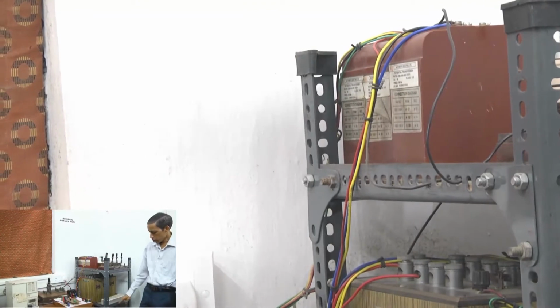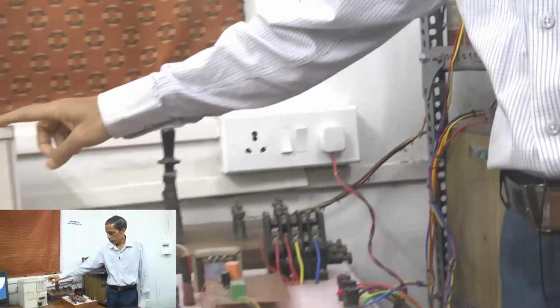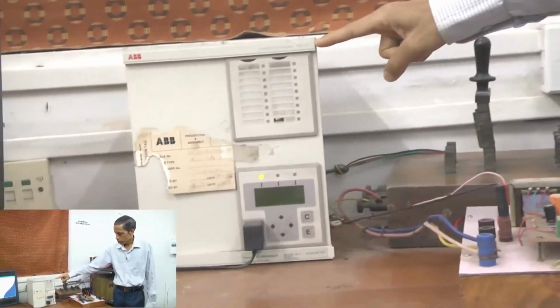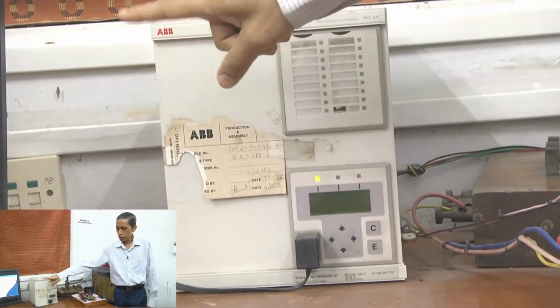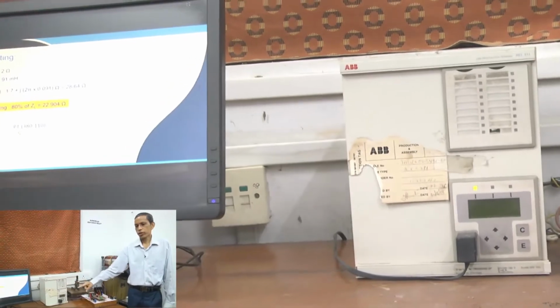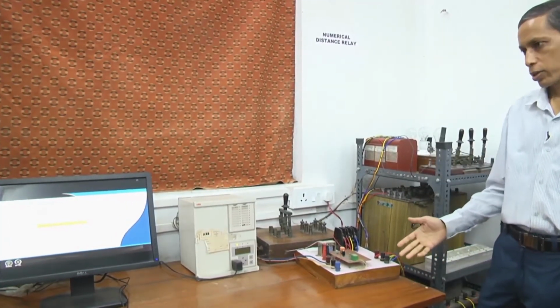Here we have the REL 511 distance relay, and the relay is connected to this PC to make the different settings and to see the recordings during a fault, which I would like to demonstrate next for the experiment.